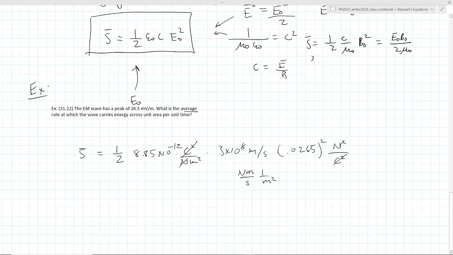A newton meter would be a joule, so joules per second, i.e. watts per meter squared. So power per unit area, which is what we were looking for with the Poynting vector. And if we crunch these numbers, you would find that the average value in this case would give you about 9 times 10 to the minus 7 watts per meter squared.